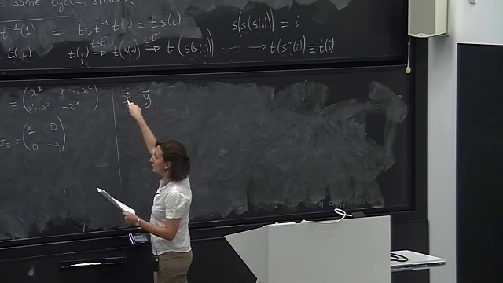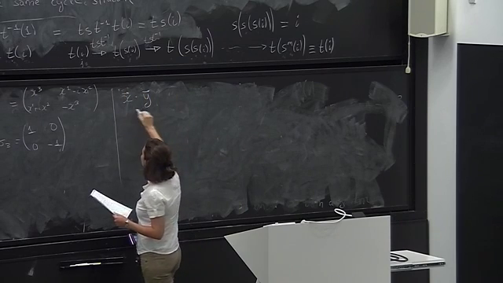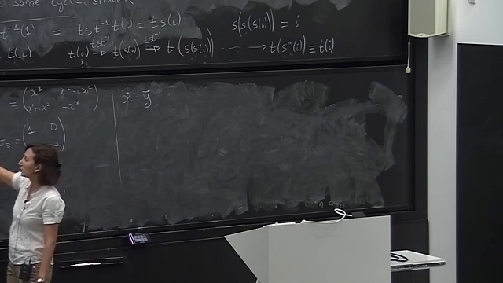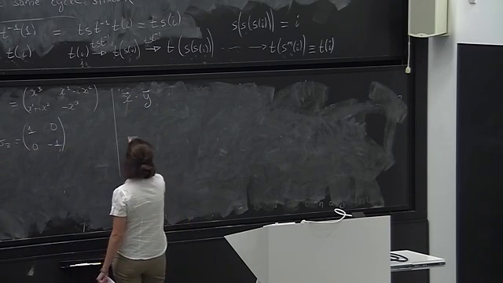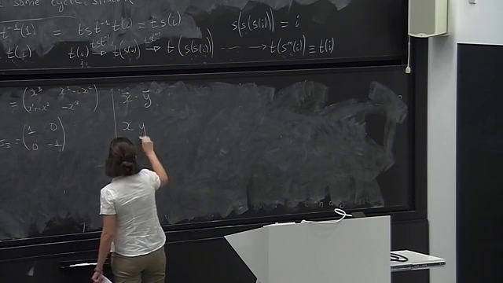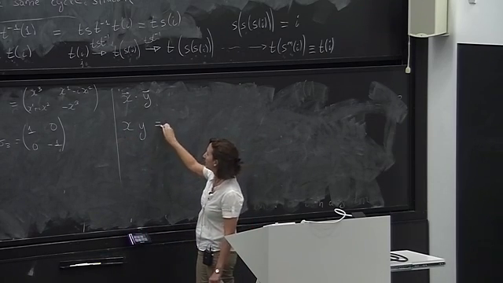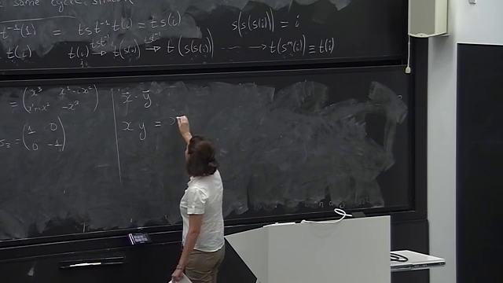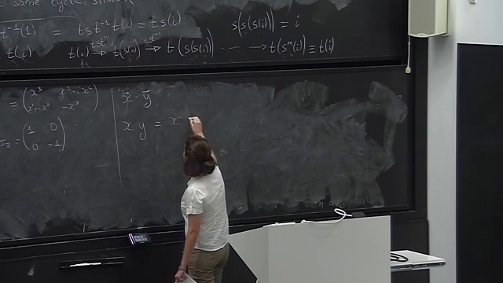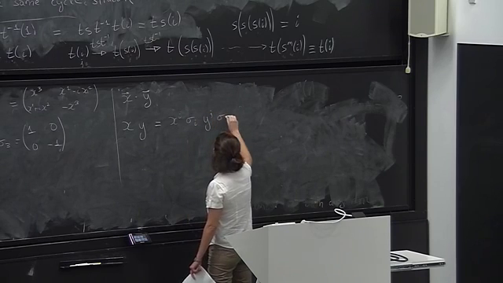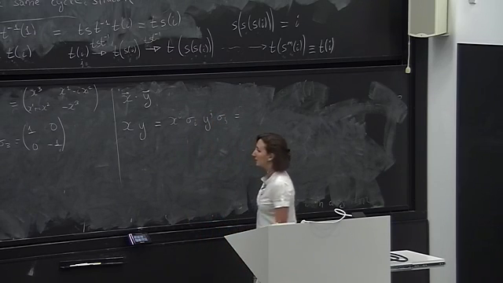I want to find a way to describe this scalar product using my 2 by 2 matrices. So I'm going to write the matrix product between X and Y using those relations. This is xi sigma i times yj sigma j.